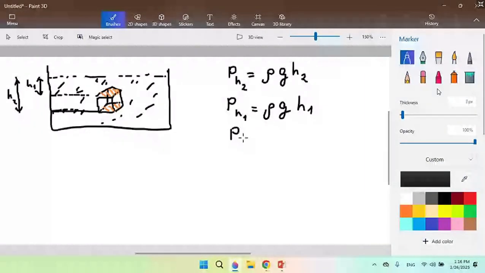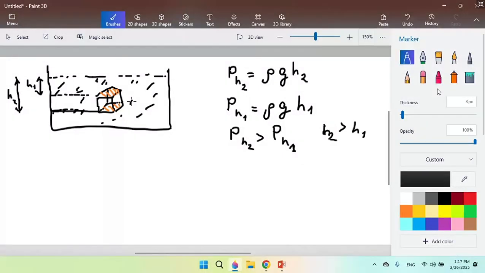Of course, pH2 is bigger, because H2 is bigger than H1. So there is a pressure difference. That's why that cube cannot stay here. It will experience a net force. A net force produced by what? By that pressure difference.